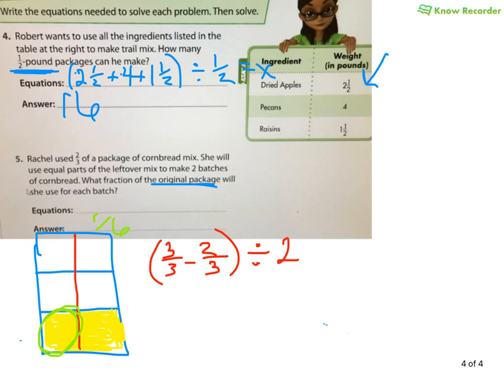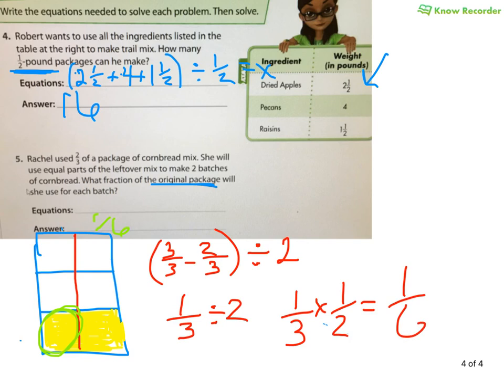I have common denominators, so I'm okay to use that. I get 1/3 left over. I have to divide that by 2 wholes. Not in half, but by 2. Now when I take the reciprocal and the inverse, I'm going to get 1/3 times 1/2, and I get 1/6. So I will use 1/6 of the original package to make a batch of cornbread.